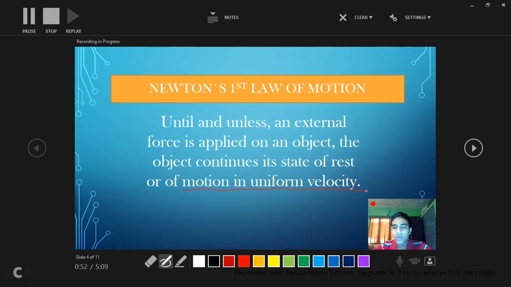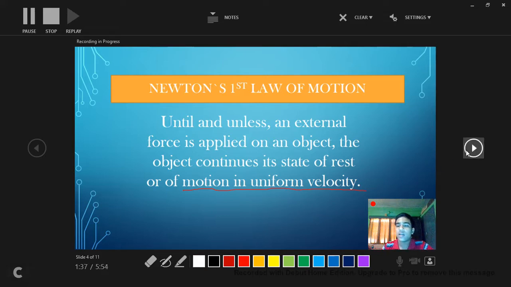If you apply the brake, the object will come to rest, or you can increase the acceleration, but the object itself will not change its state of motion unless a force acts on it. If no force is there, F equals 0, then an object will keep its state of rest or of motion in uniform velocity. It's very simple.